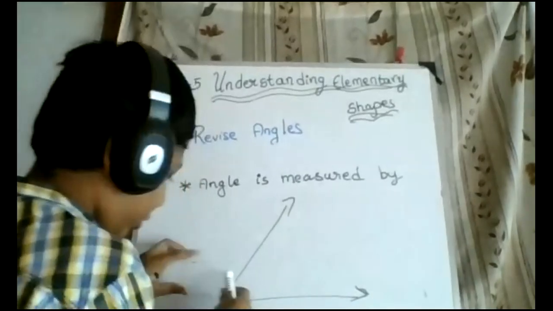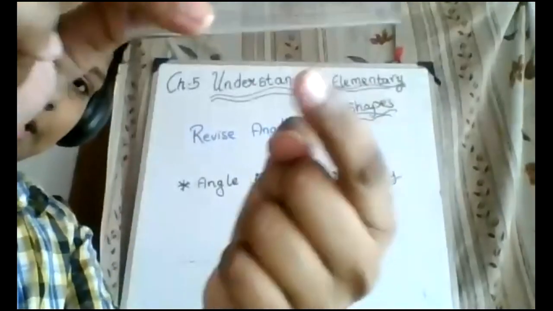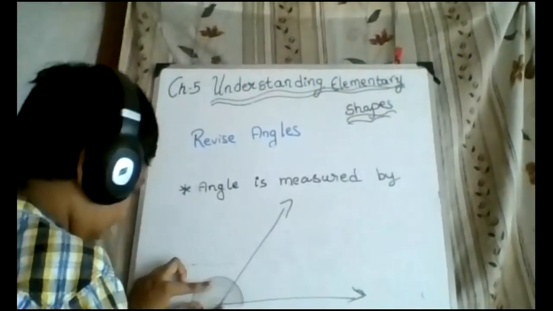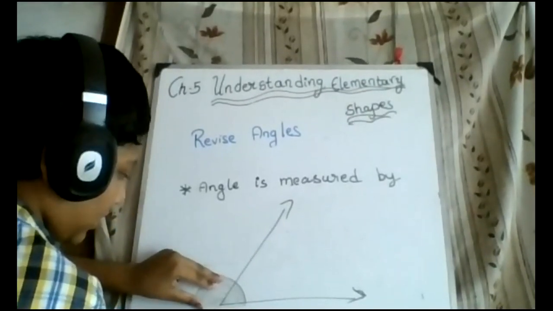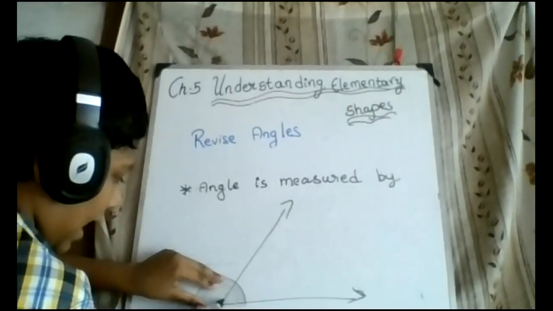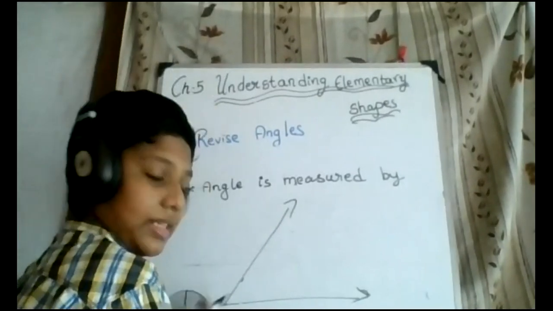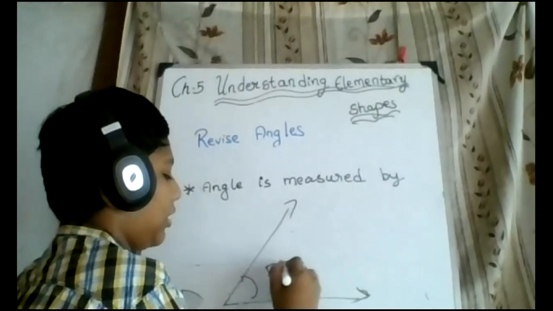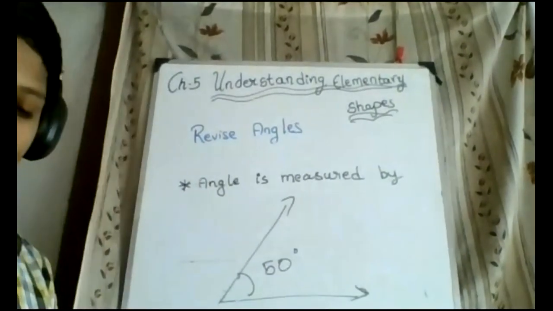This center we have to keep here, and the side line should be merging in this. Now this is traveling to the point of 50. So the angle measure is 50 degrees.